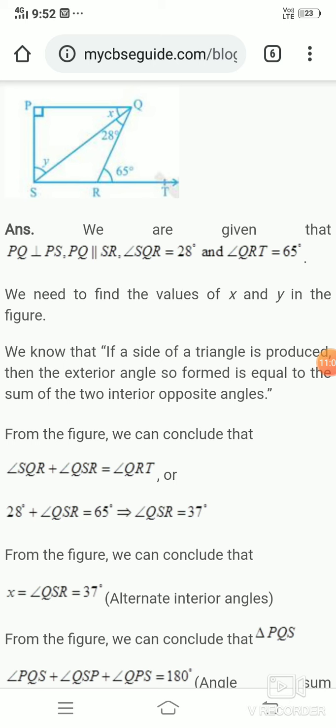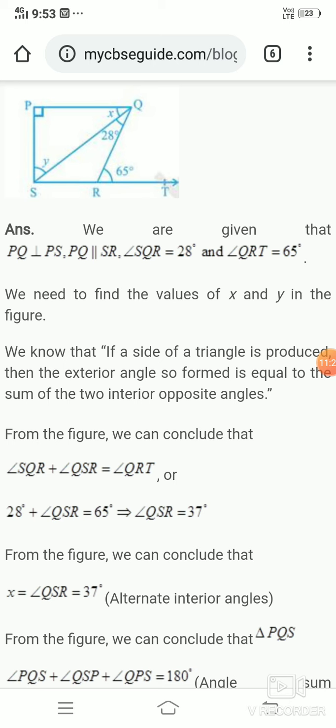So 28 plus QSR equals 65 degrees. Substitute, QSR equals 65 minus 28, 37 degrees. So from this figure we can conclude that X and QSR are alternate interior angles, that is 37 degrees. So the X value is 37 degrees.